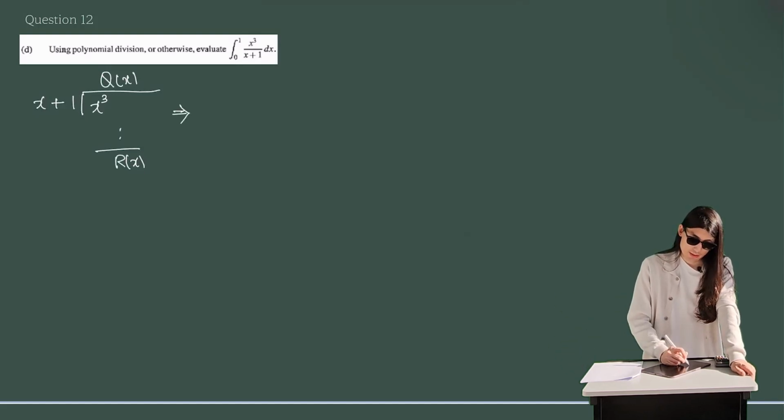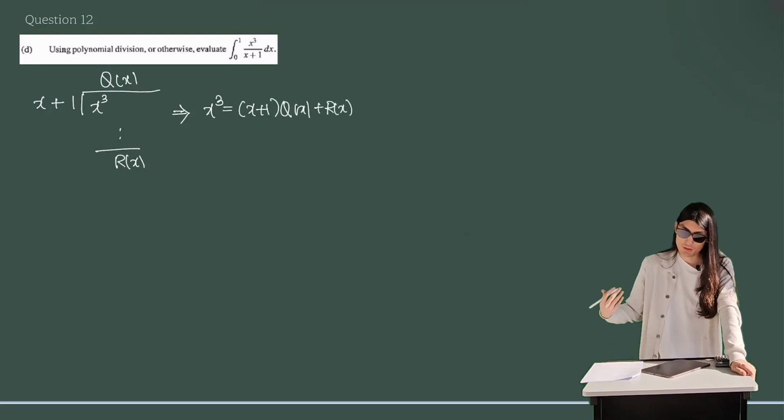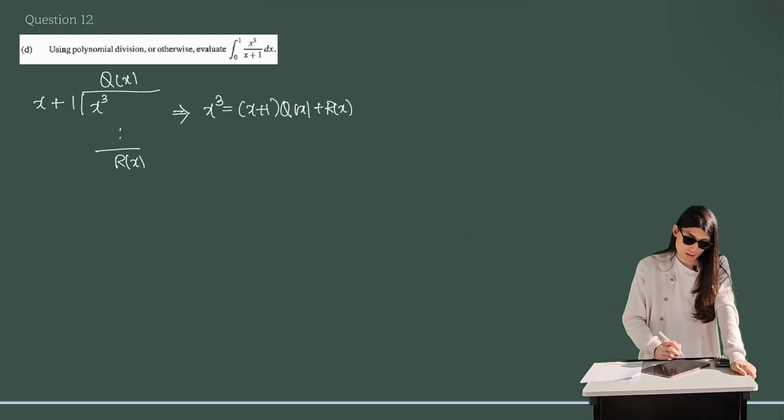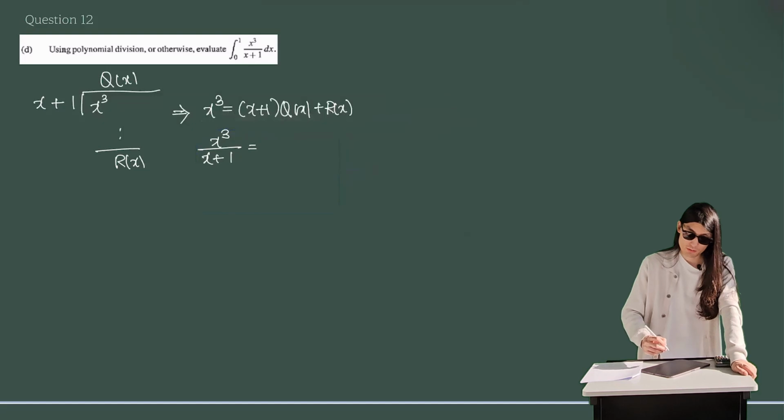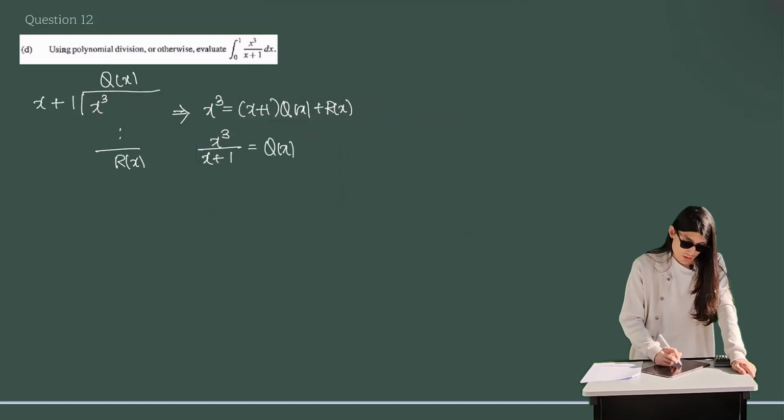Polynomial x cubed can be written as divisor times quotient plus the remainder that you can find through the division itself, such that x cubed divided by x plus 1, your integrand, is equal to, if you divide both sides of that equation by x plus 1, the quotient function that you would have found plus the remainder function divided by x plus 1.